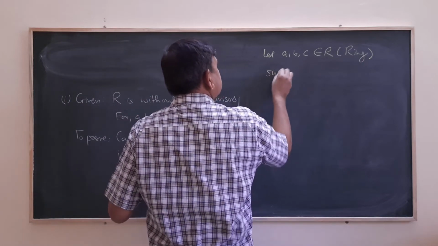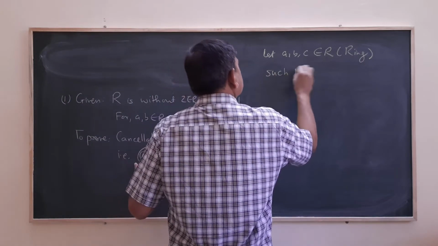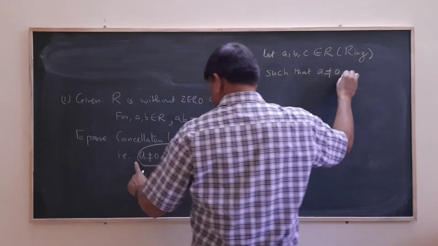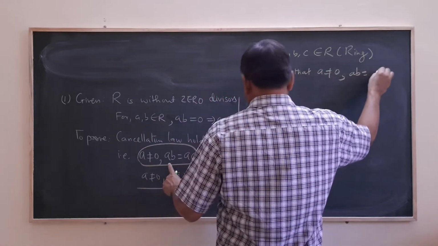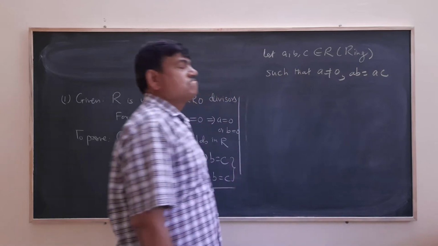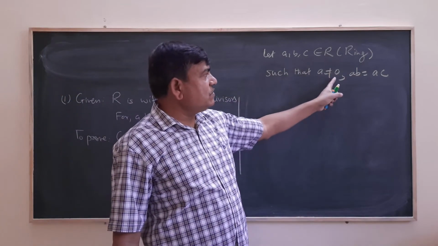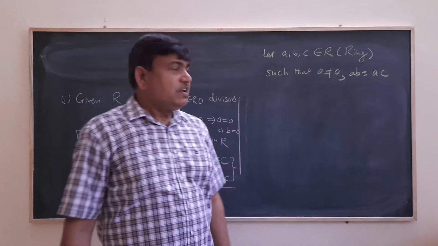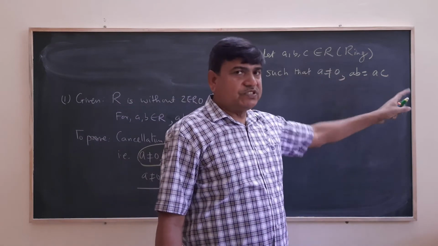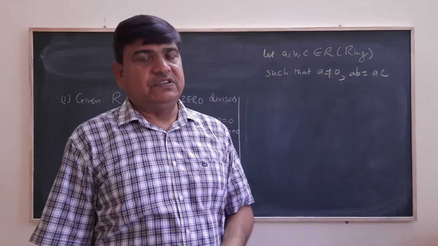Such that A is not equal to 0, AB equals AC. If I prove this is B equals C, then cancellation law holds, otherwise not.